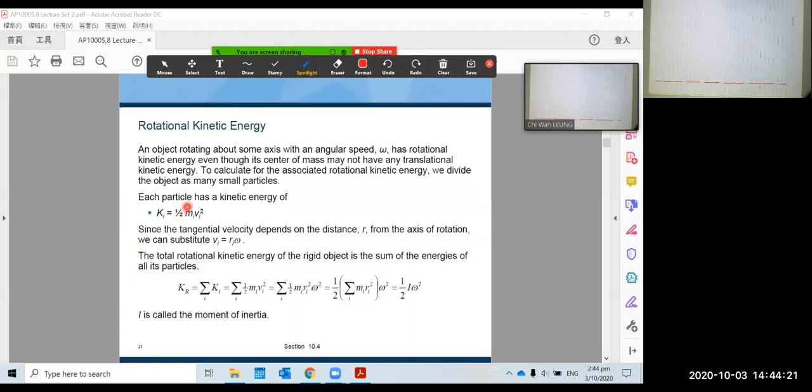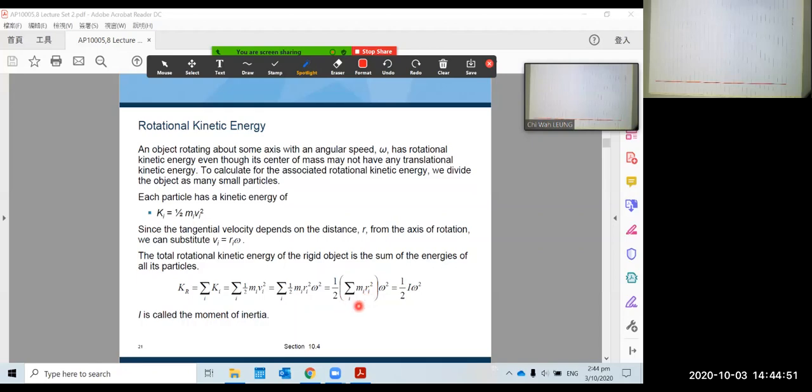1/2 times the inertia times the velocity squared. Here, 1/2 times some kind of inertia times omega squared. And this inertia is for the rotational motion. It is related to the mass of each particle and the location of each particle from the axis of rotation.